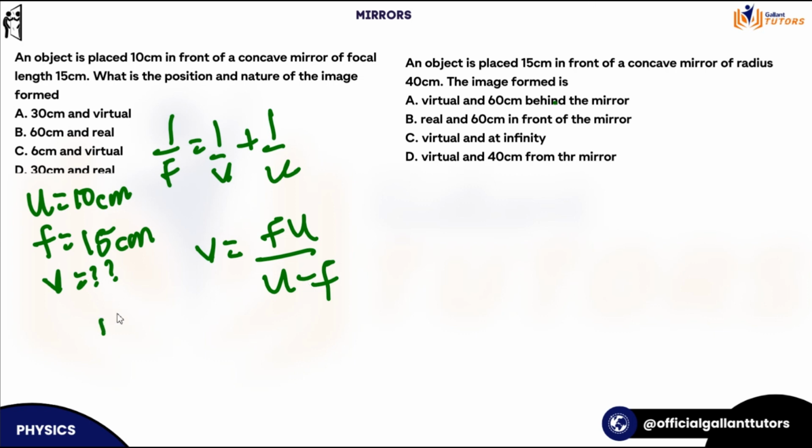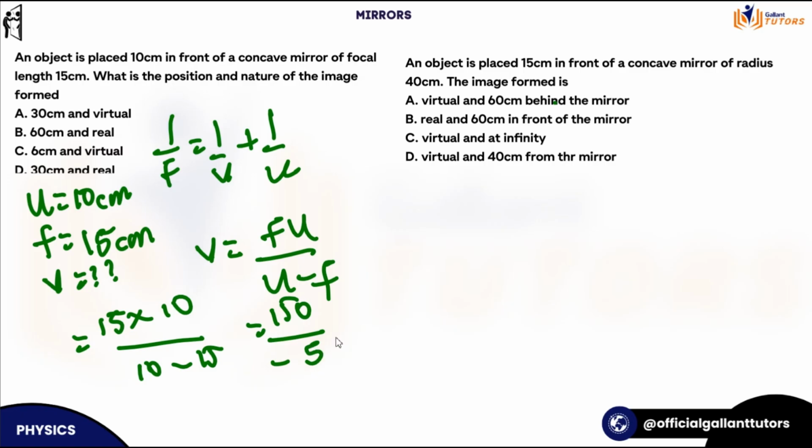So our F is 15 times our U, which is 10, over 10 minus 15, that's 150 divided by minus 5, that's 30. So our final answer, V, is equal to minus 30 centimeters.